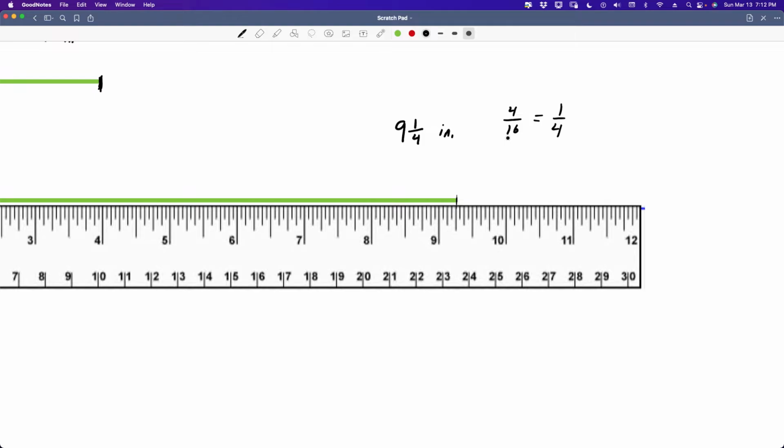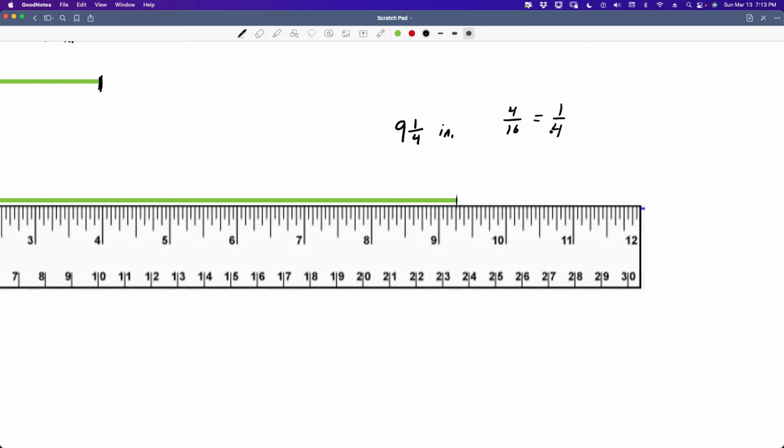So one of the things that you can do is just count the 16th marks, and then if you can reduce the fraction, it will tell you the same thing without having to actually know what the marks are, but it can also just help you learn the marks as well. So count the sixteenths and reduce the fraction if you can. If you can't reduce the fraction, then it's a 16th measurement.